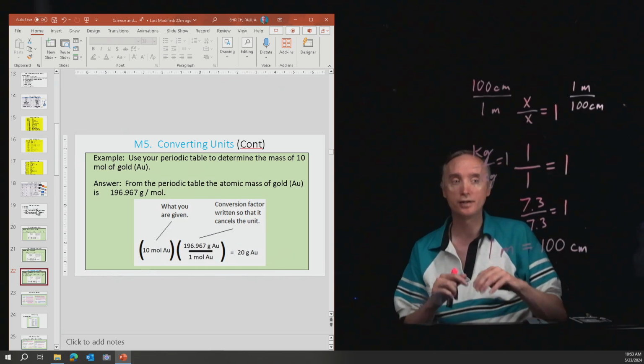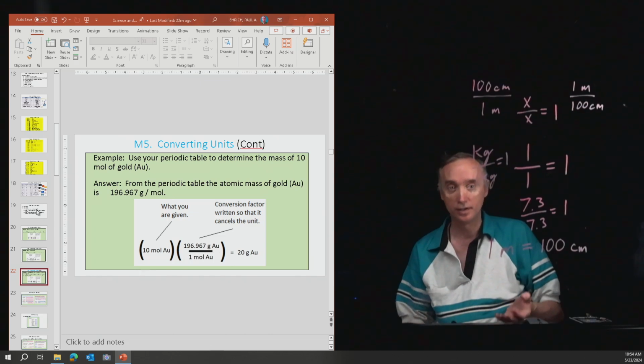And so we're going to write down 2 sets of parentheses. In the first parenthesis, we write down what we were given, 10 moles of gold. And in the second parenthesis, we write down the atomic mass of gold. Now notice that we're trying to get rid of the word mole, so mole needs to be in the bottom part of the fraction.